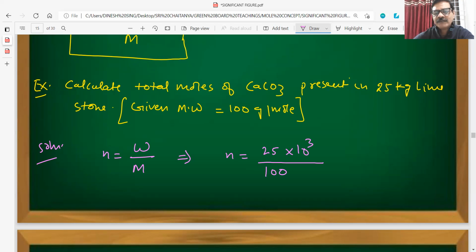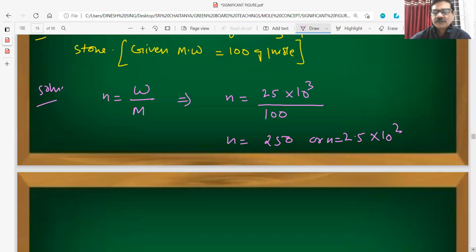So 100 will be cancelled by 10 power 3, only 10 will be left. So the number of moles will become 250, or 2.5 into 10 power 2 moles are present.